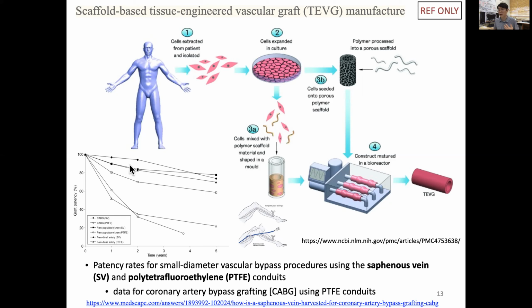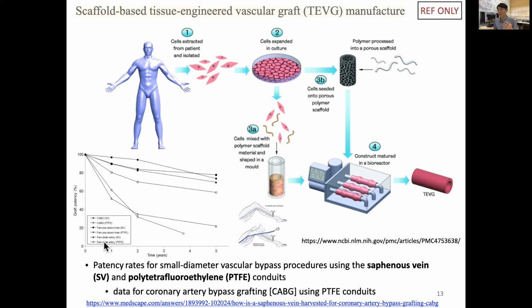The saphenous vein is the filled circle, and the PTFE engineered ones are the empty circles, which go down over the years. You can see that graft patency is deteriorating. For the femoral popliteal above-knee grafts, the filled and unfilled rectangles are not too bad, a little worse.